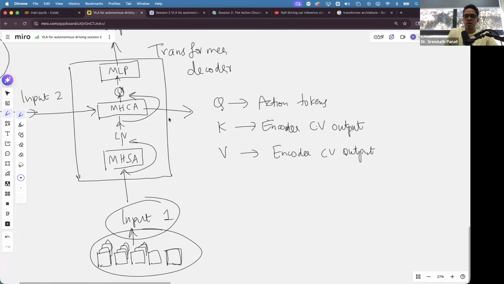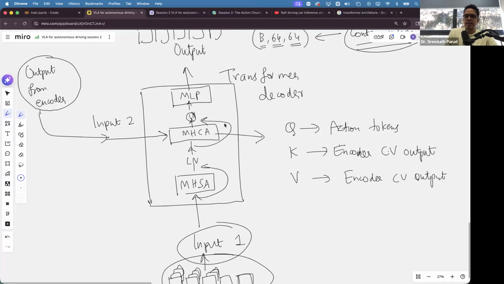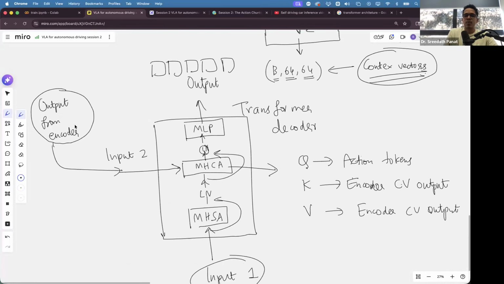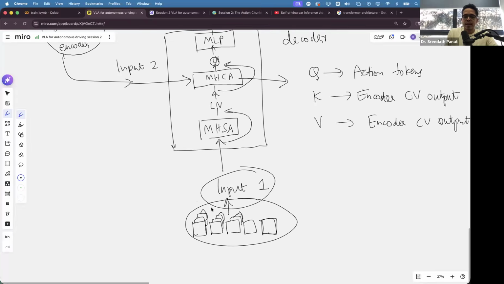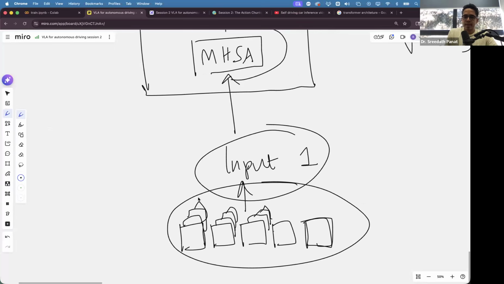And why is it called cross-attention? Let's say the output from the encoder had 64-dimensional tokens. By the way, the input may not be 4-dimensional at the start; it may start at 64 dimensions, which we can clarify later. It can be anything that we can finally project into 64 or 4 dimensions. So let's say this starts as 64-dimensional vectors.